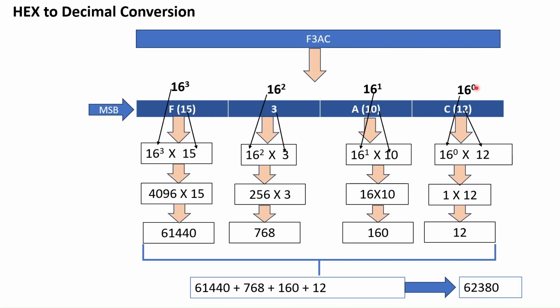Like C, the position value is 16 power of 0, so you multiply C, which means 12 in decimal, with that. Like that you keep doing from right to left, store whatever result comes, and at the end you sum everything, then you will get the decimal number. So this is how we convert hexadecimal to decimal.